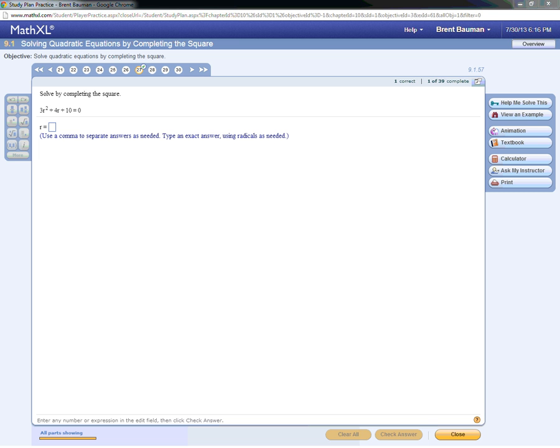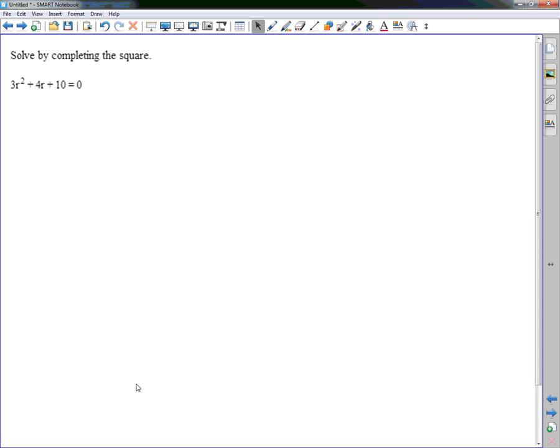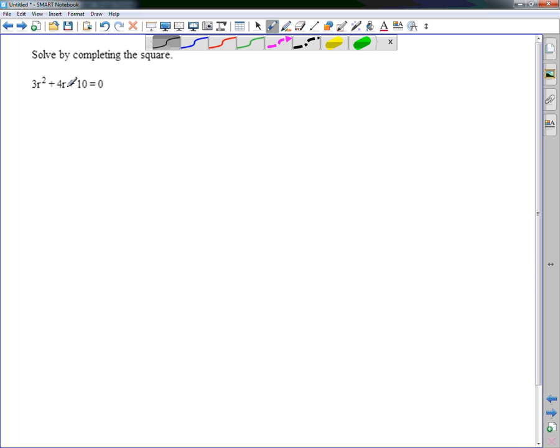So let's start by looking at this problem, and we want to solve by completing the square. The first step is to work with a lead coefficient of 1. Right now we have a 3.